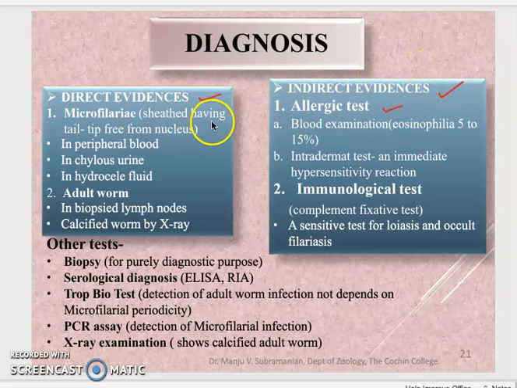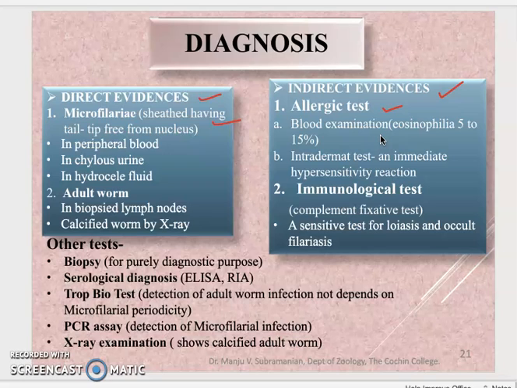If we cannot find any microfilaria in the blood sample or the blood smear test, then you can go for an antigen test, that is, a blood examination is done. The test aimed at detecting the antigen from the adult worms can be used.